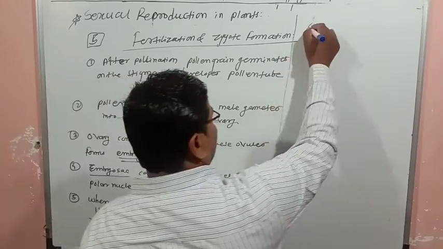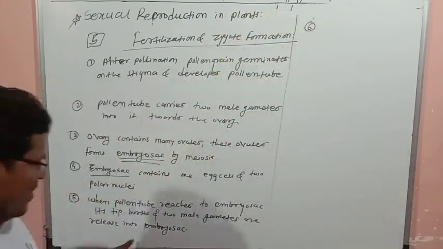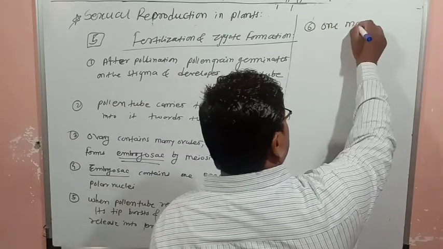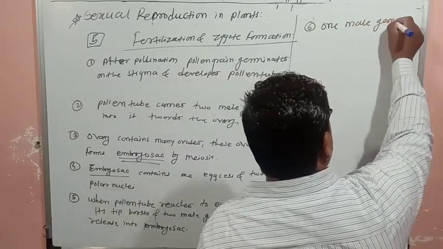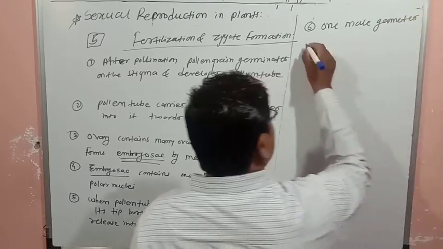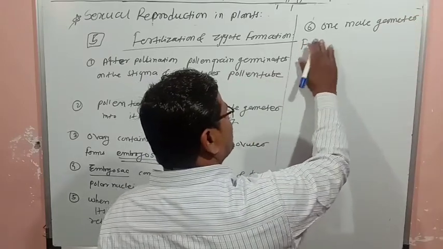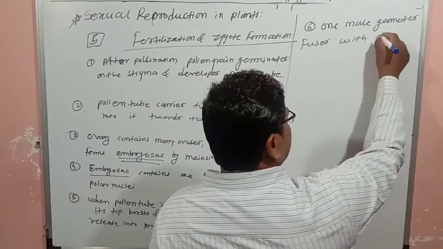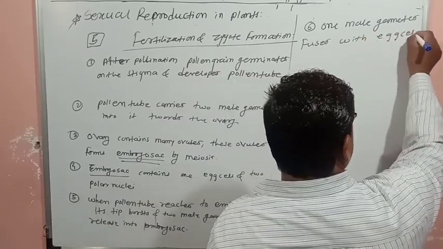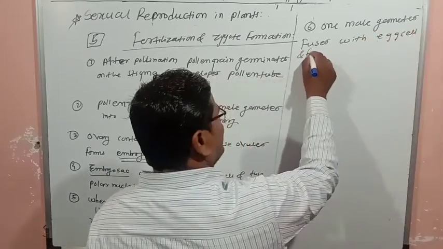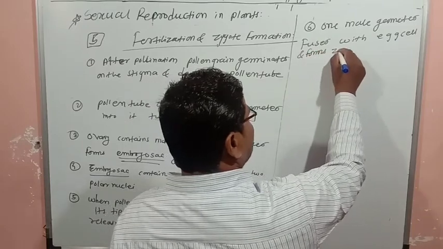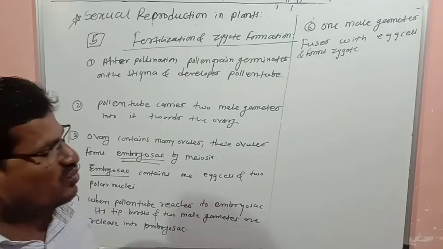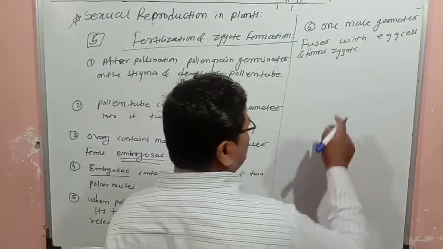Then the sixth point: one male gamete fuses with the egg cell and forms the zygote.